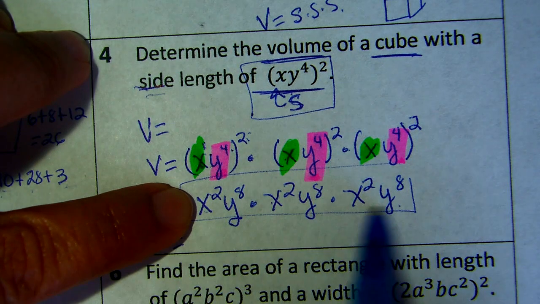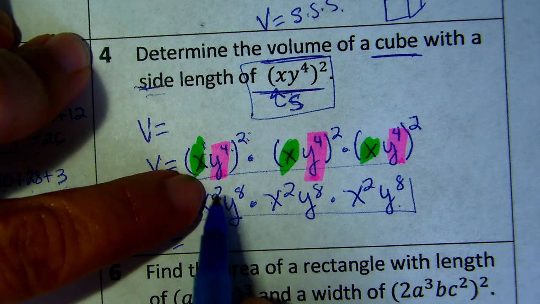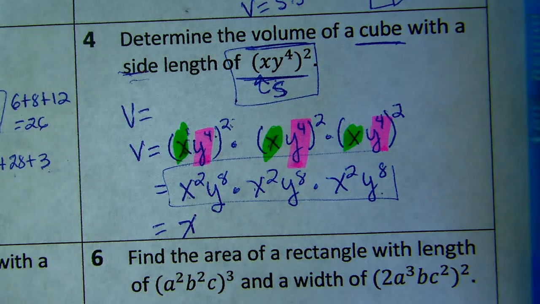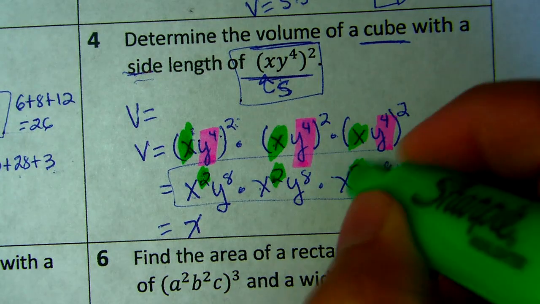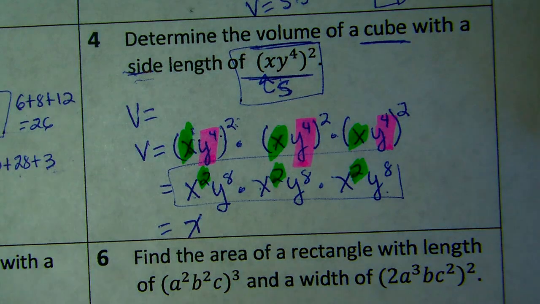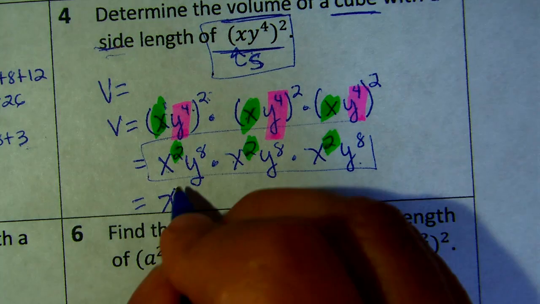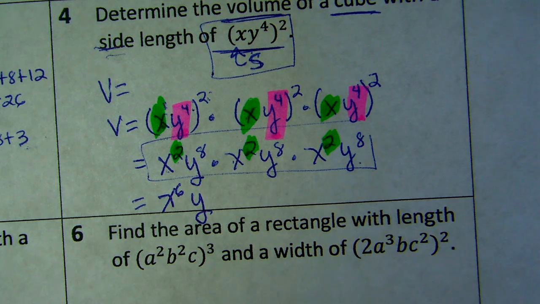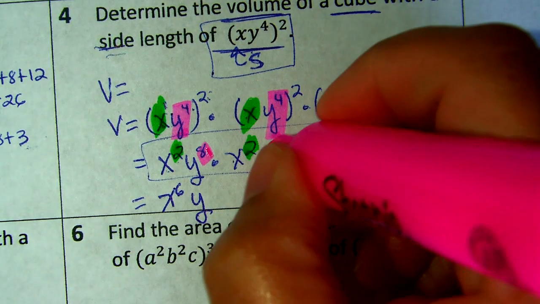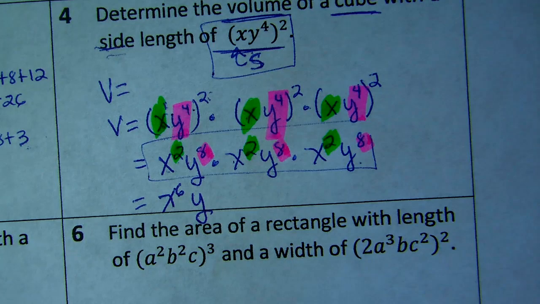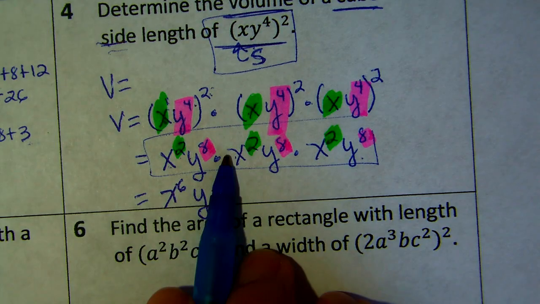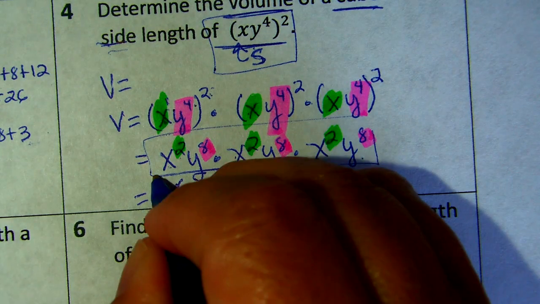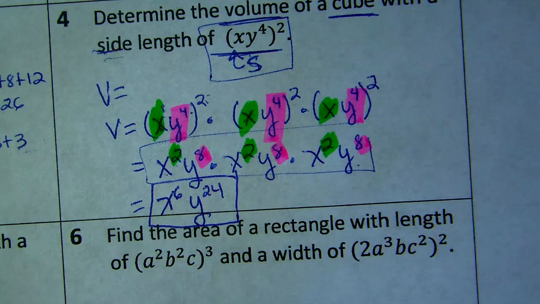So what do you do when you multiply and you have exponents? You add the exponents. So for the x, what exponents do we have for the x? We have 2, 2, 2. So when you add 2 plus 2 plus 2, what do you get? 6. And then the y. What do you get when you add 8 plus 8 plus 8? That gives you 24. And this is it. This is your answer.